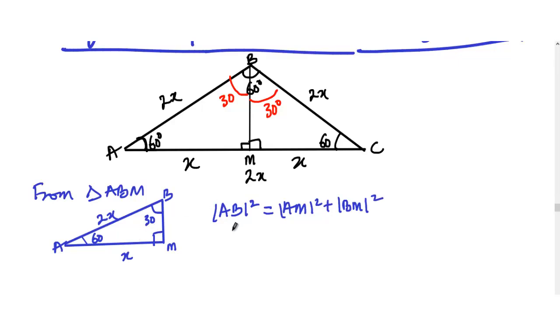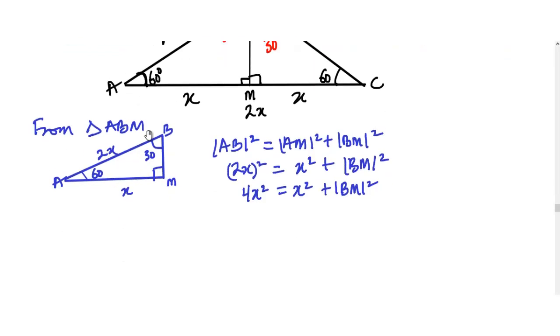So what is AB? That is 2x square is equal to AM, what is AM? That is x square, plus BM square. But we need BM basically. So 2x square will give us 4x square is equal to x square plus BM square.